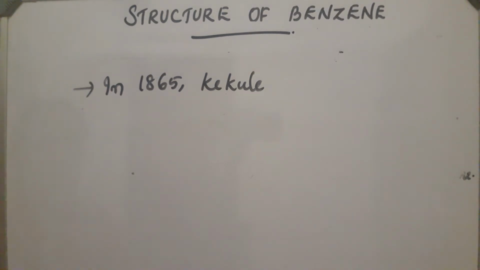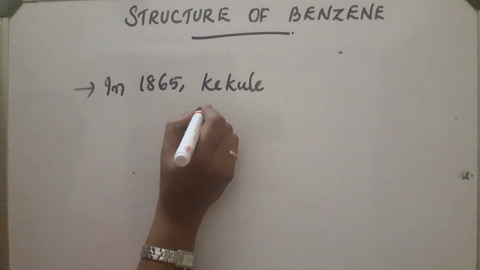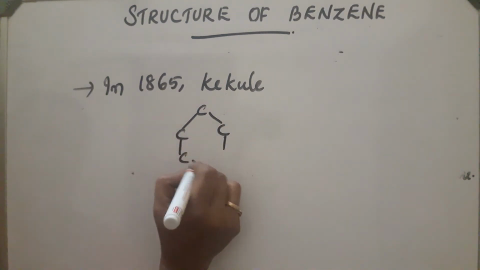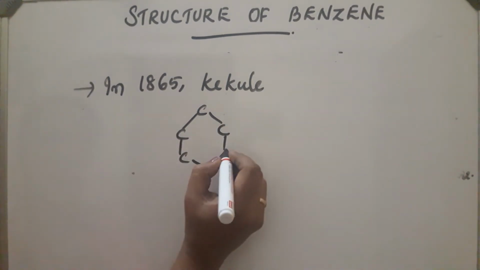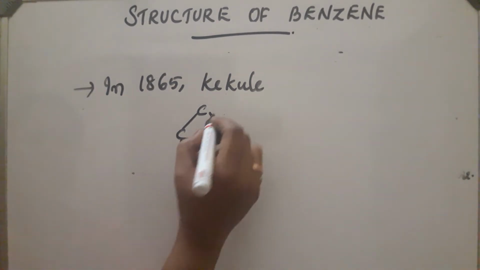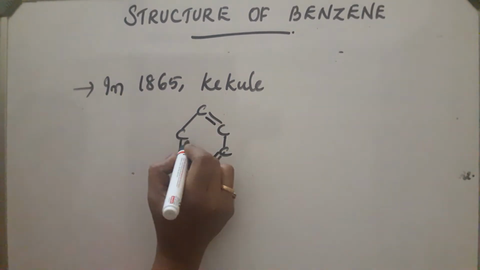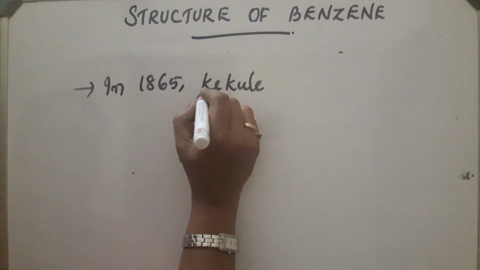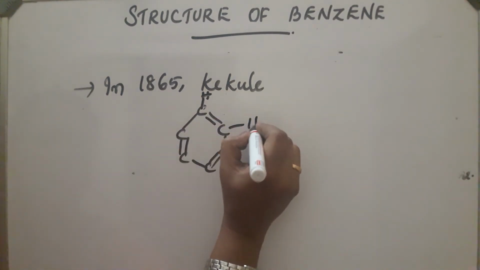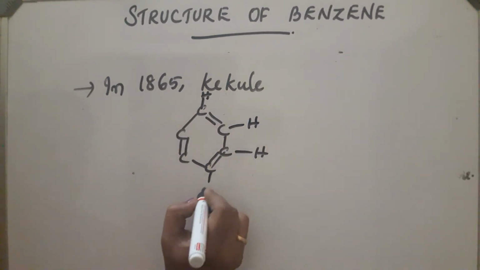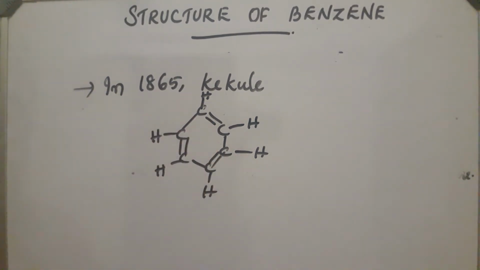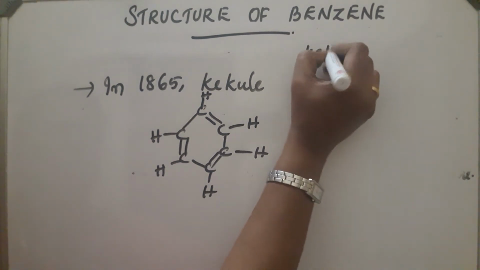According to this structure, benzene contains a hexagonal ring with 6 carbon atoms attached by alternate double and single bonds, and a hydrogen atom is attached to each carbon atom. This is called the Kekule structure.